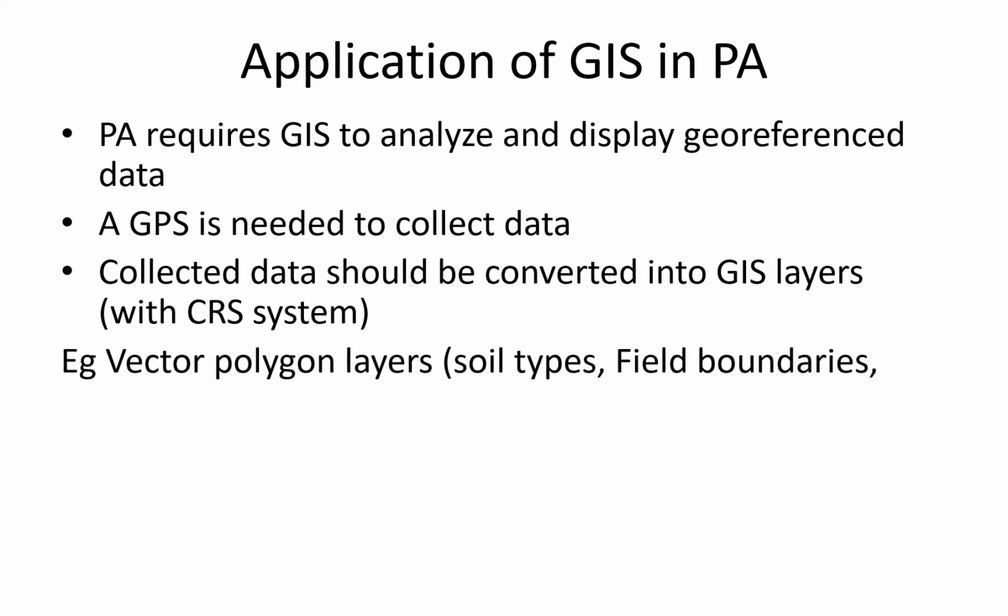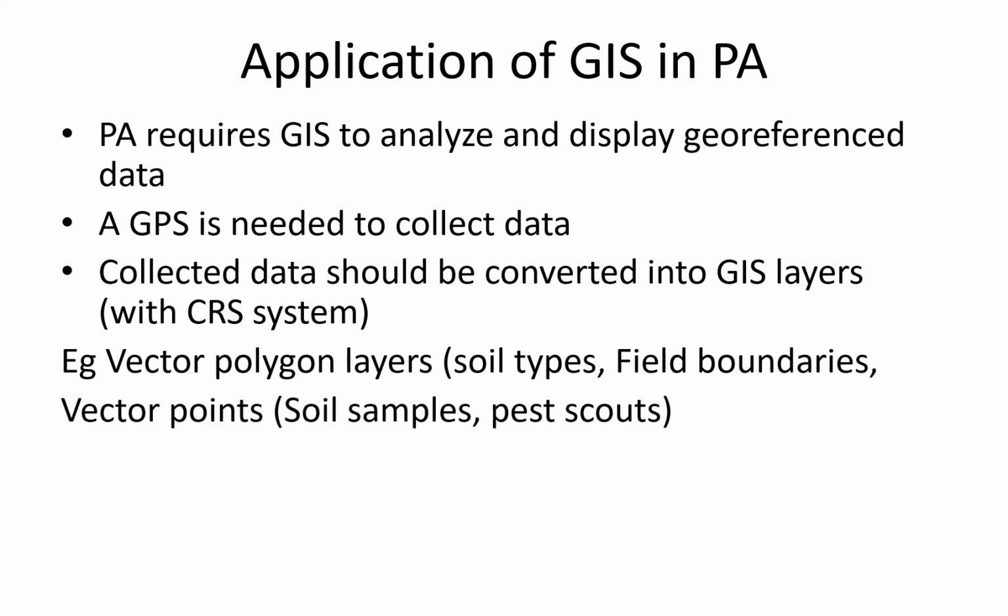For example, vector polygon layers, where you will be showing the soil types, the field boundaries, etc. Or vector points, where we'll be showing the points where we obtained soil samples, the points where we spotted some pests or some diseases.